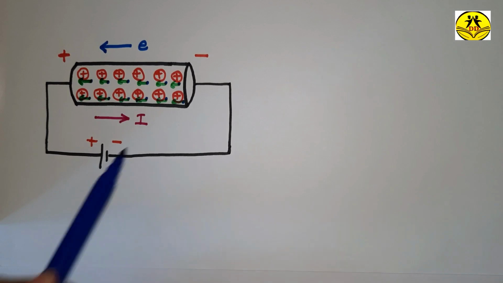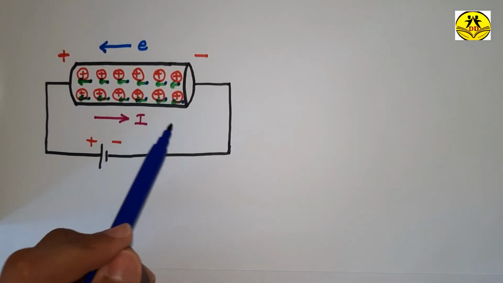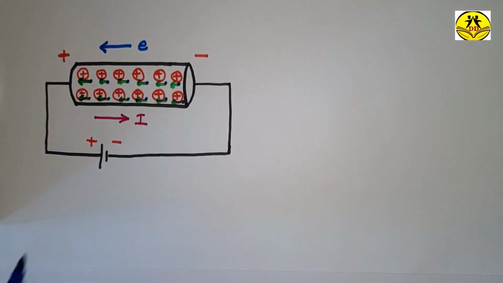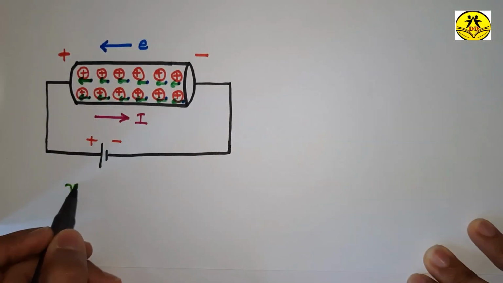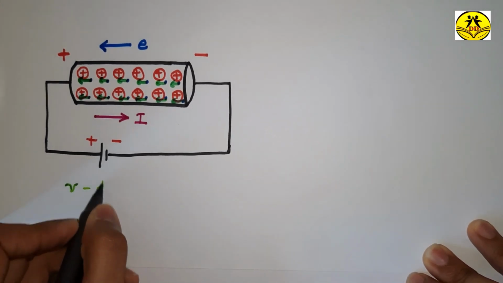So the average velocity of an electron which drifts is called the drift velocity. And remember, the velocities of each and every electron are different from each other. So the mean value of the velocity of electrons gives the mean drift velocity. So we denote drift velocity as V. This is drift velocity.